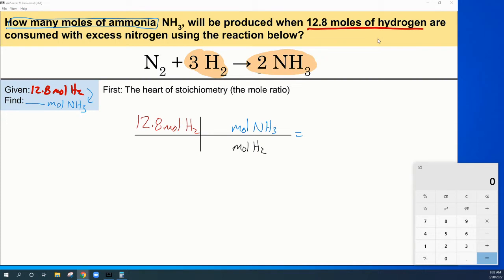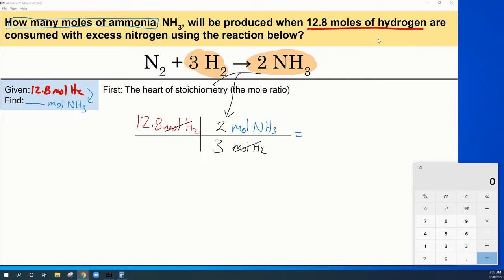2 moles of ammonia are produced when 3 moles of hydrogen are used. Notice again, my moles of hydrogen get canceled off, and I'm left with moles of ammonia, as in my question.